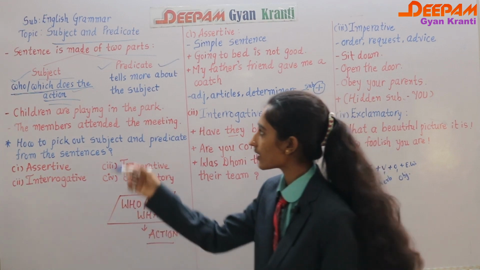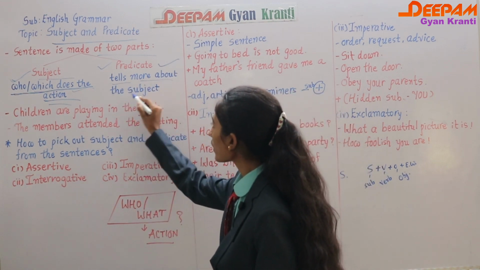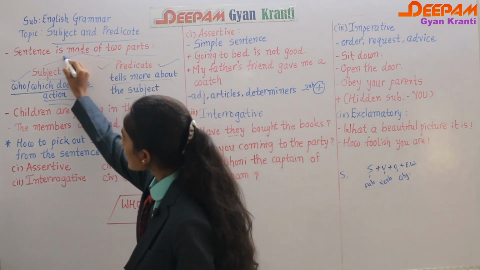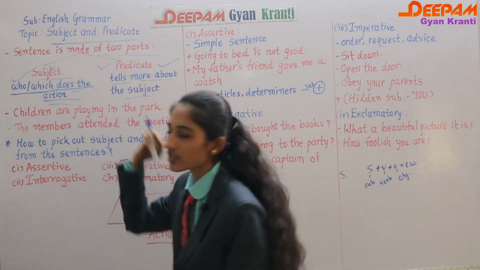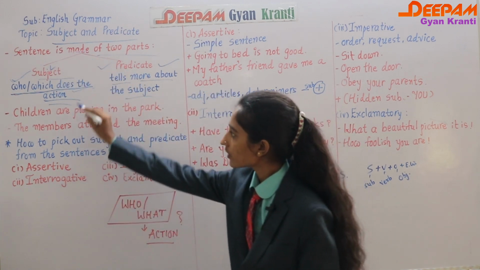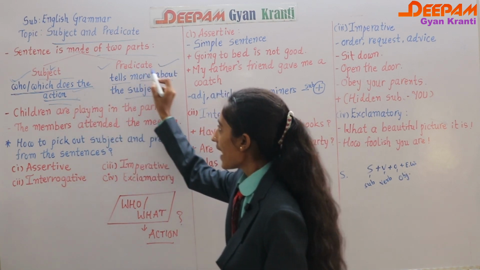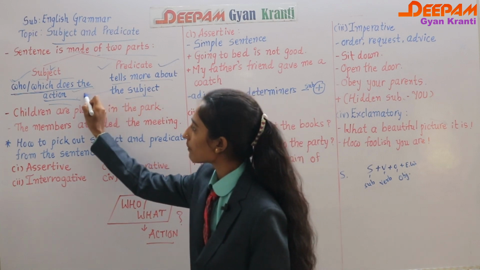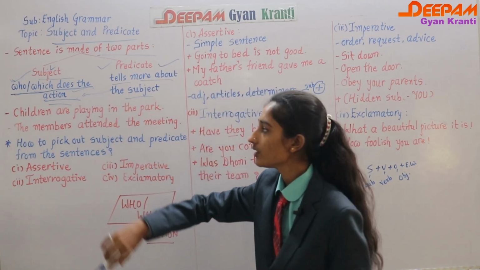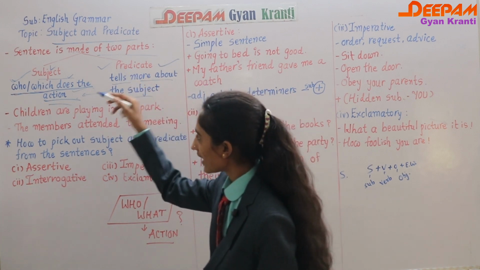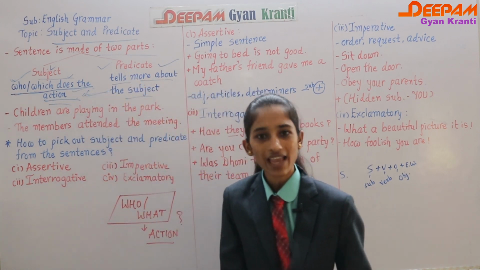So what is predicate? Predicate tells more about the subject. It is very important. Subject means who does the action, and predicate tells more about that action. The person who does the action is your subject, and predicate adds something to his action.